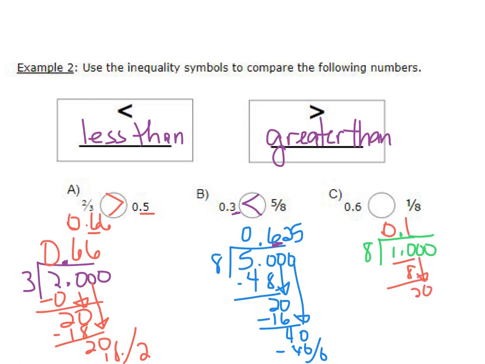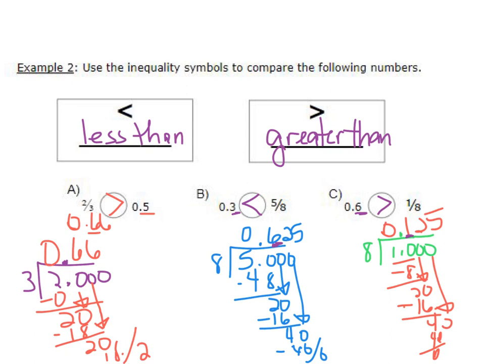Bring the 0 down. 8 into 20 is 2, which is 16, remainder 4. Bring the 0 down, and 8 into 40 is 5 times. So that's 40, remainder is 0. So I'm going to compare, again, the 6 and the 1. So here, 6/10 is greater than 1/8.